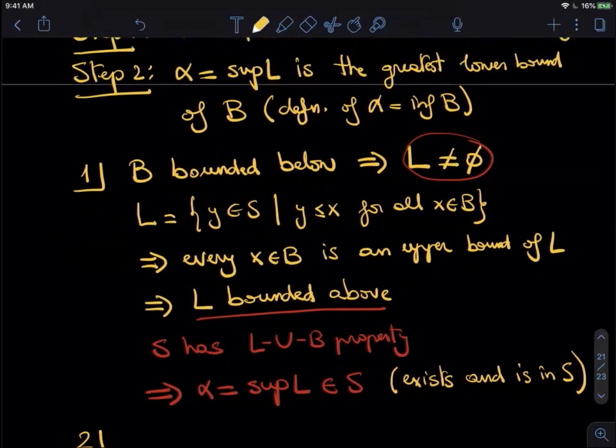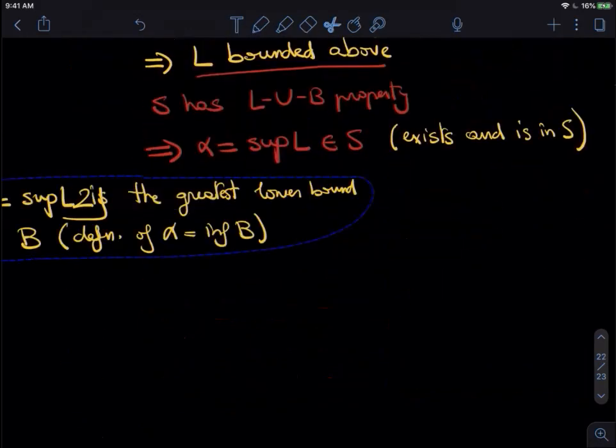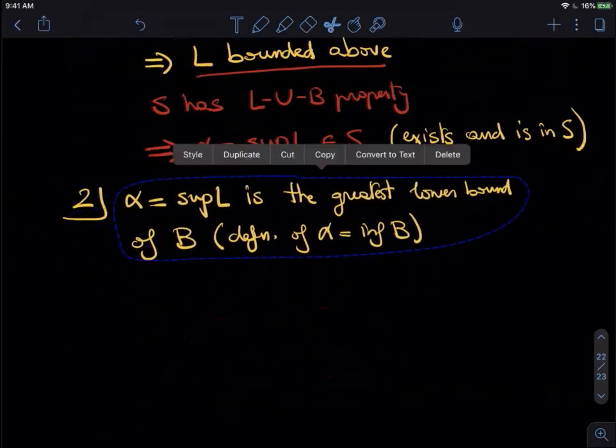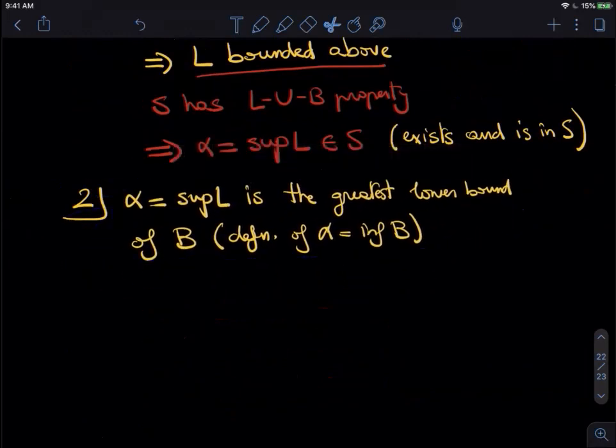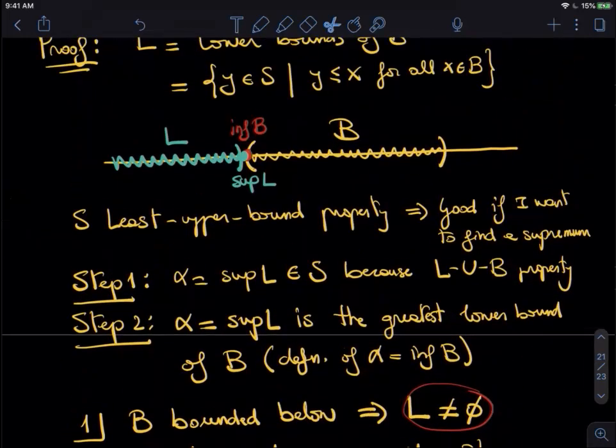For step two, let me copy paste. We want to show that alpha, the alpha we just found, the supremum of L, is the greatest lower bound of B. Remember the picture? Let me also bring that back.